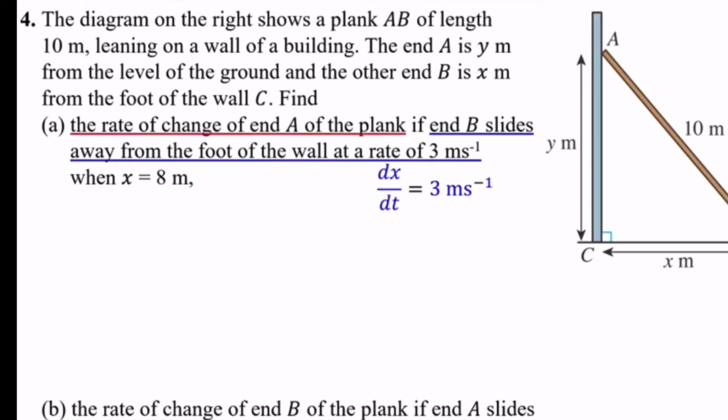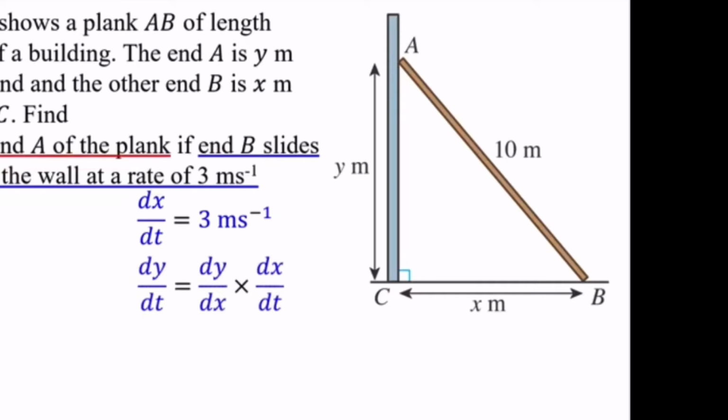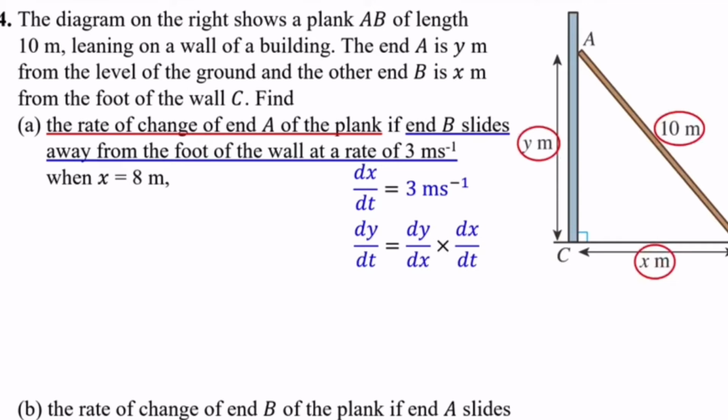So firstly, we will label x to represent the length from C to B, and the height is y from C to A. So the rate of change of B sliding away is actually the change of x with respect to time, which is 3 meters per second given in the question.